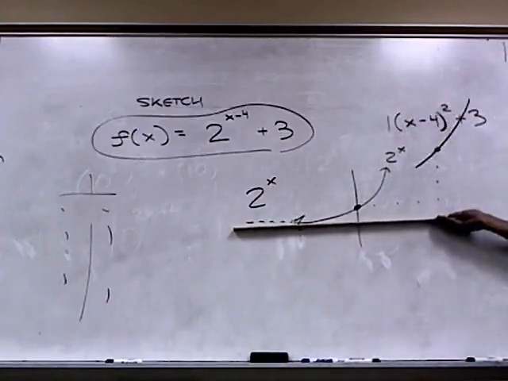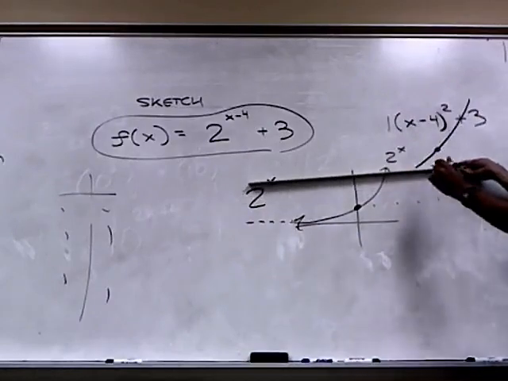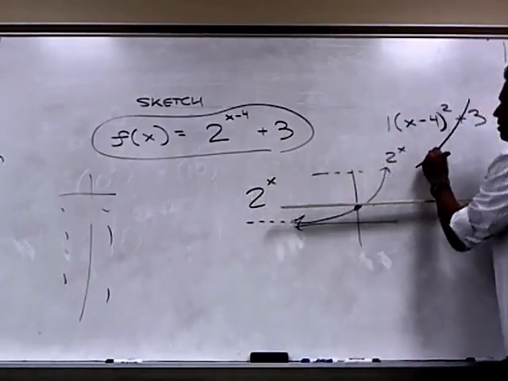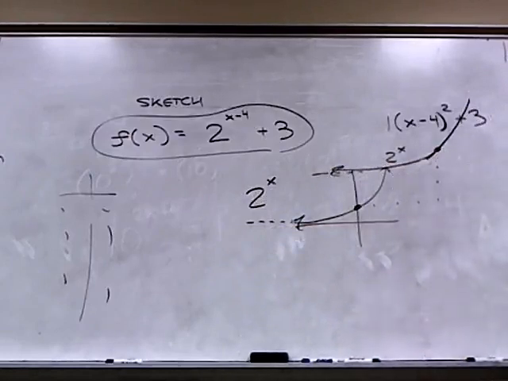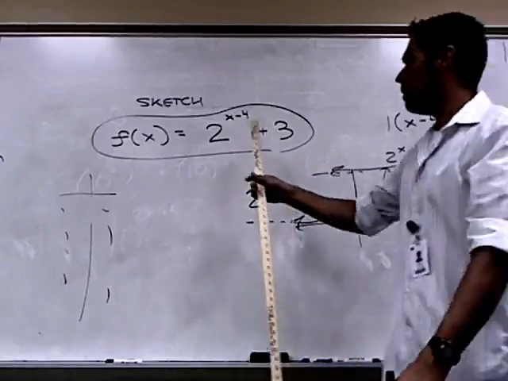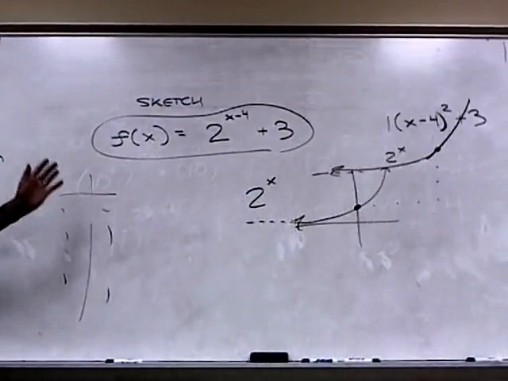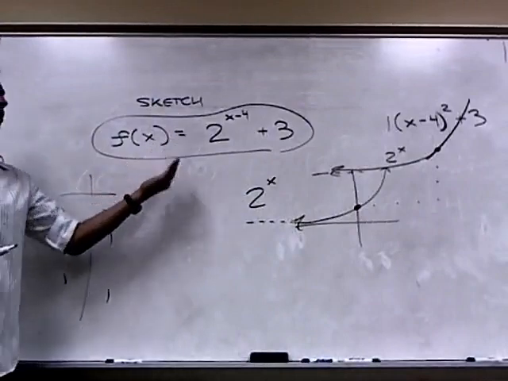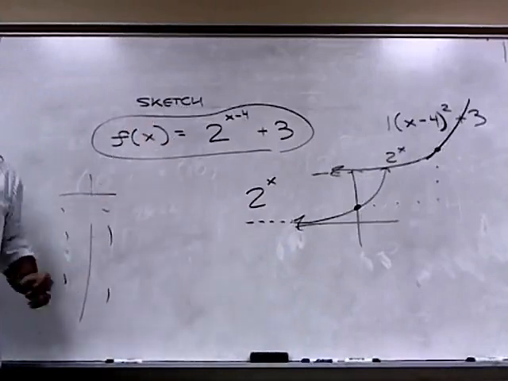It's going to go up 3, right? It'll go up 1, 2, 3. It'll be here. So I should make that go like that. See that? In your homework, you're asked to graph a couple of these, and you do not need to make tables for these. You just need to know what it basically looks like and then move it left and right. Left, right, up, down.